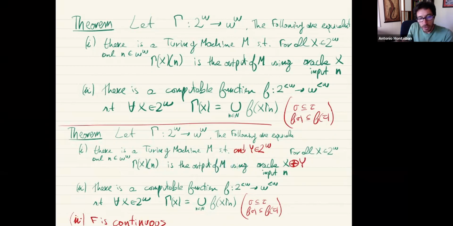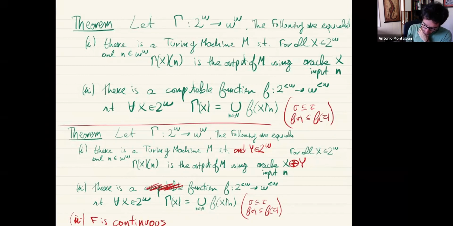So we have a fixed binary sequence that we use as a parameter in our Turing machine. Okay, so these three things are equivalent.